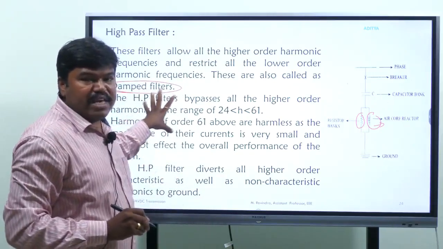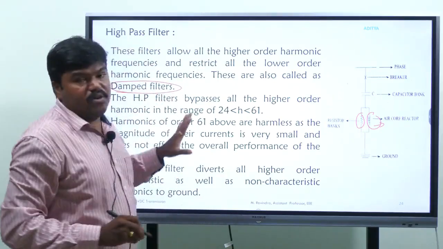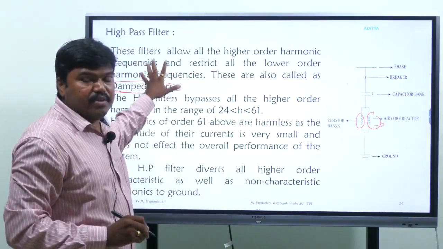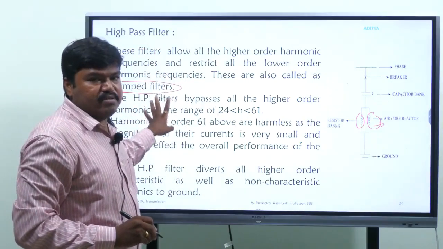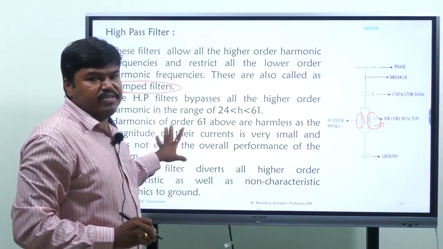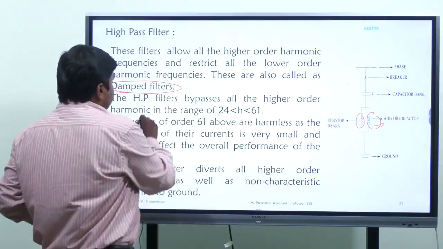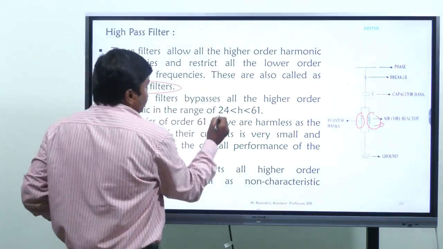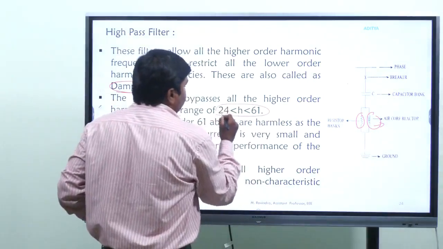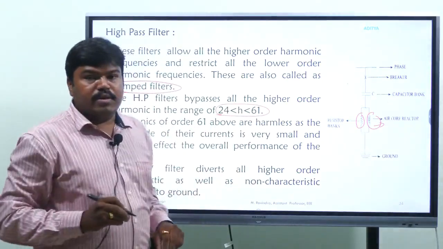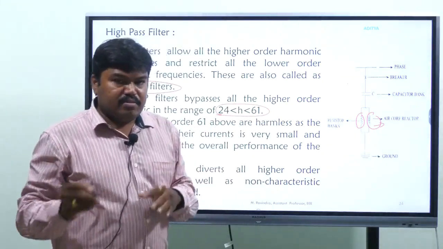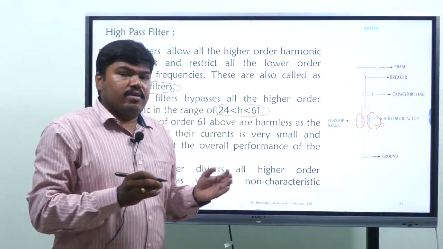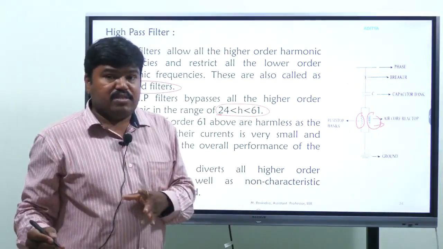It allows only high pass frequencies. It does not allow lower frequencies to pass through, and that is in the range between 24 and 61. The harmonic order is in between 24 and 61.